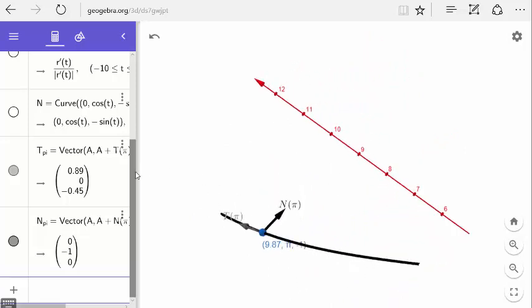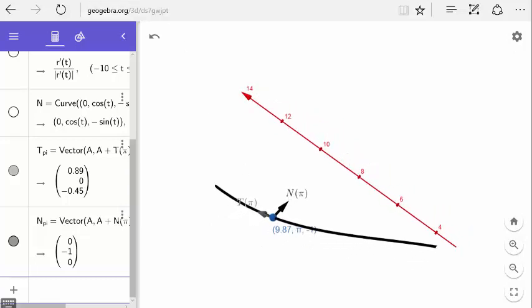All right. I'm not going to do it right now, but we could get these unit vectors to move with the point using a slider. Could be a fun exercise later.